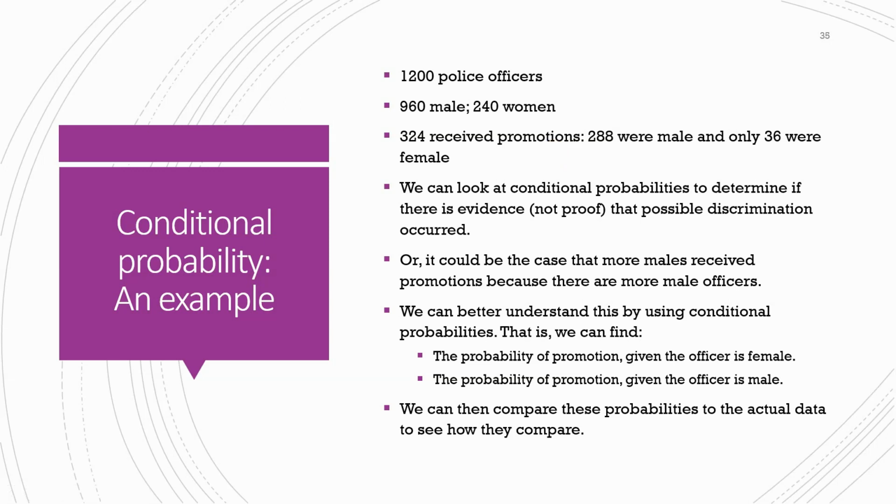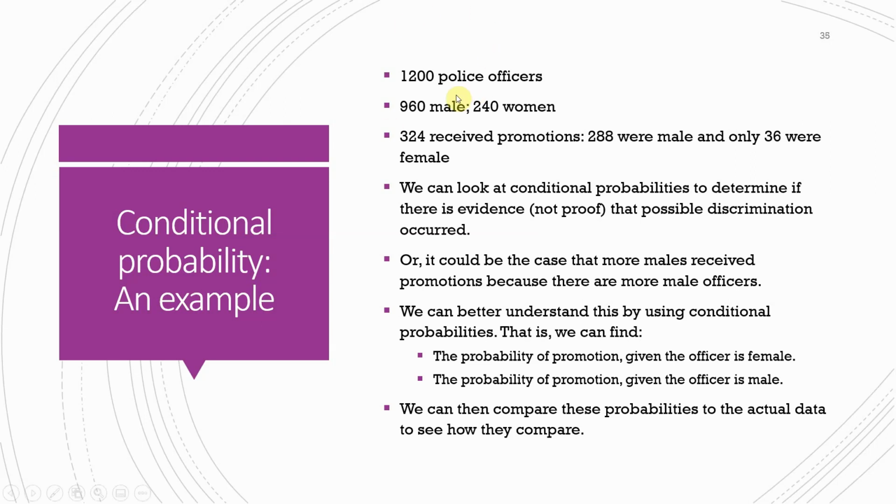It would be nice if the probability of promotion doesn't depend on whether you are male or female. So we're looking to see whether the probability of someone getting a promotion depends on whether they are male or female. That is what conditional probabilities tell us: the probability of an event happening given other information.